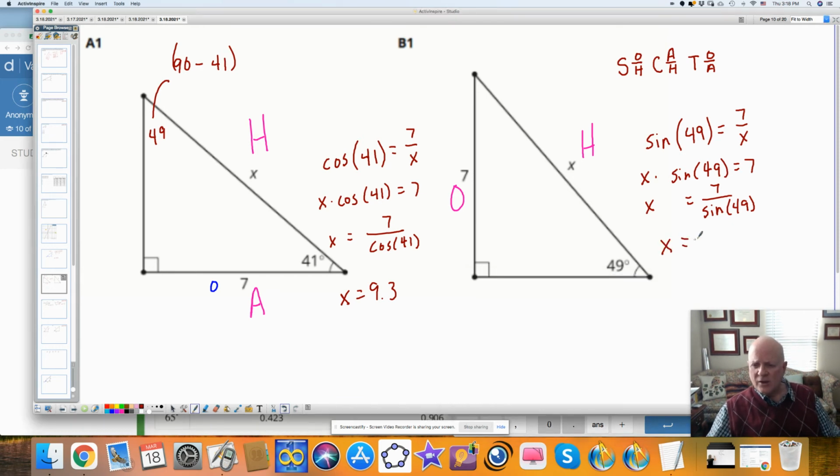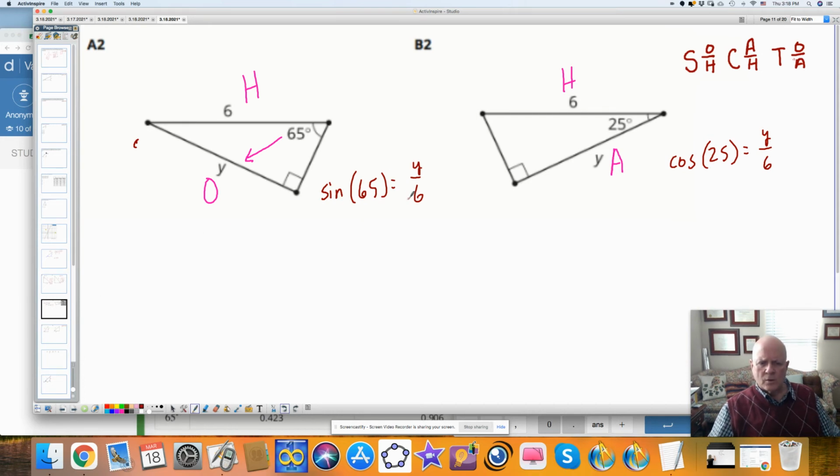It's the same value. Isn't that amazing? Wow. Well, of course it's the same, because the sine of 49 is the same as the cosine of 41.